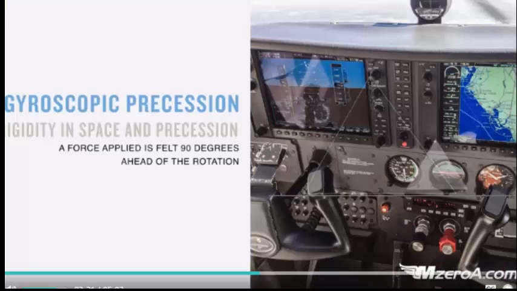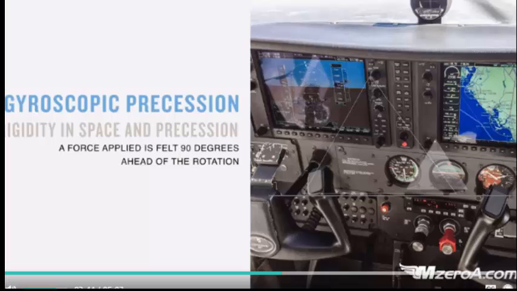Once we actually get flying, we interact with some other types of left-turning tendencies, P factor, the previous being one of them, and another one here, which is a little bit tough to understand, and that is gyroscopic precession, which operates on gyroscopes. We know from learning about our vacuum system, operate on 2 principles: rigidity in space and precession.